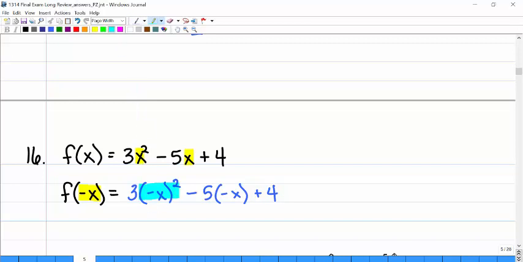Negative x quantity squared, I have negative x times negative x, which is a positive x squared. So I have 3x squared plus 5x plus 4.